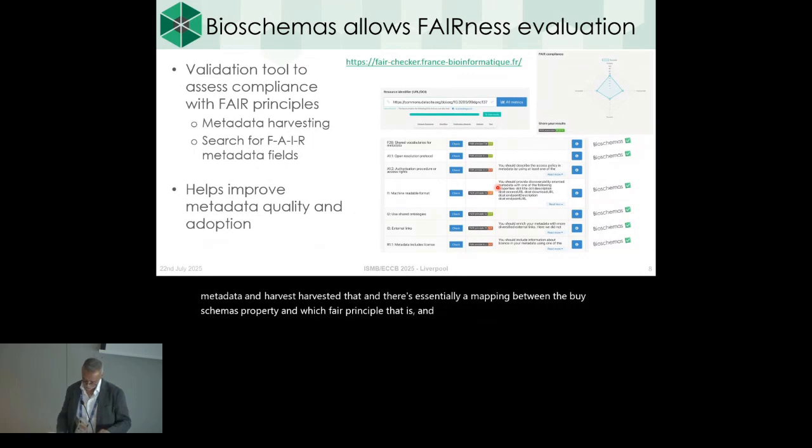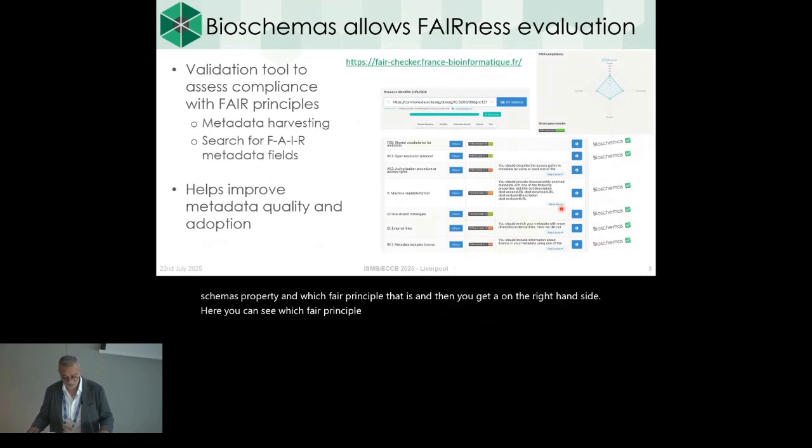Then on the right hand side here, you can see which FAIR principle it matches up against, and it gives you a quick way to find out how you could improve the metadata that you have. So essentially, it's a proxy for those FAIR principles within the web page.